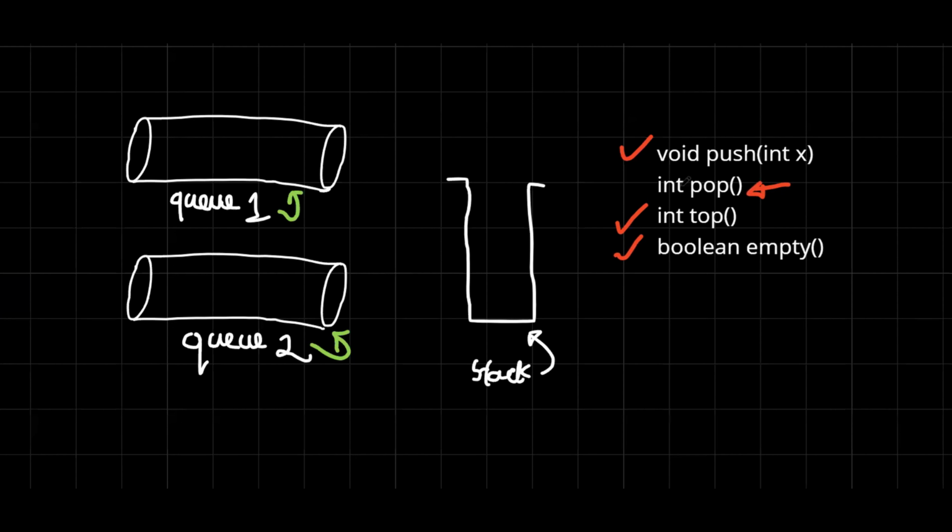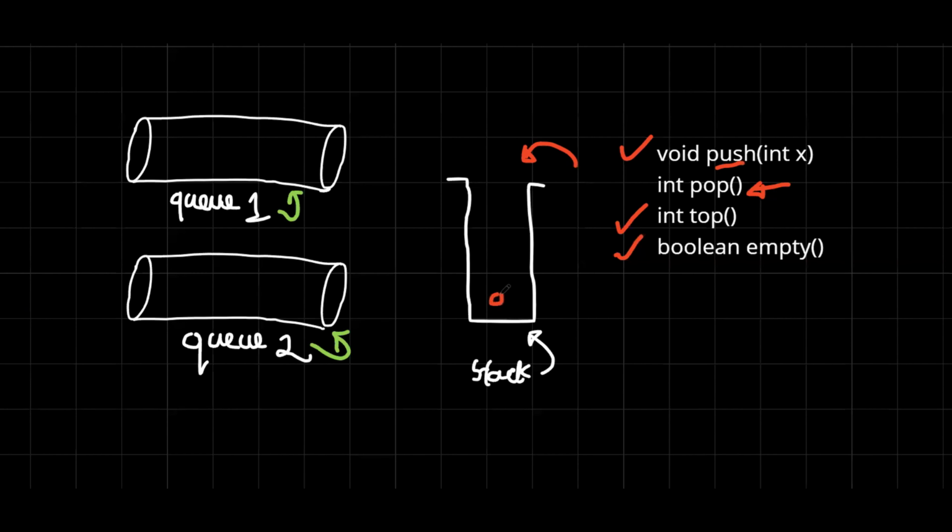So I am explaining the easiest method right now, which is push. In this method, we are given an integer x and we have to push this x into the Q1.